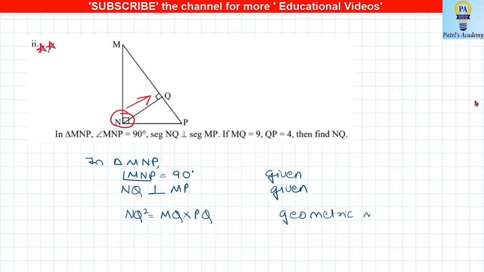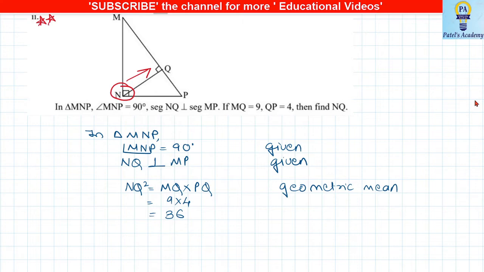Geometric mean. Okay, now what? Just substitute the values. MQ is 9 and PQ is 4, that is 36. Okay, so the value of NQ is the square root of 36, that is 6. The value of NQ is 6. Okay, the sum is based on geometric mean.